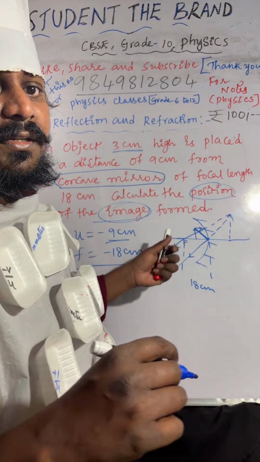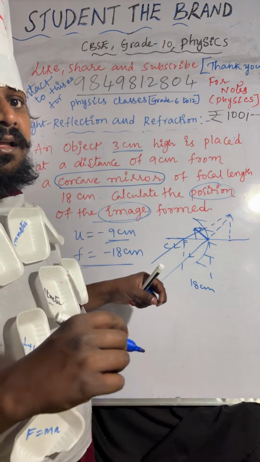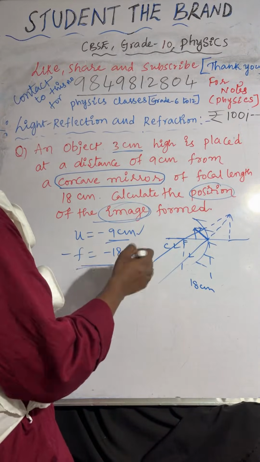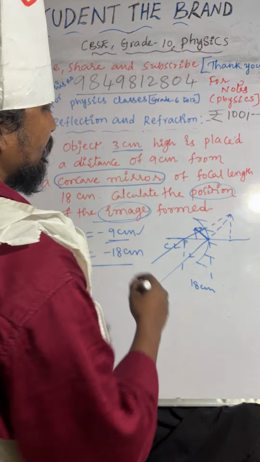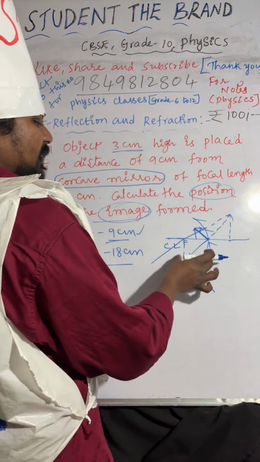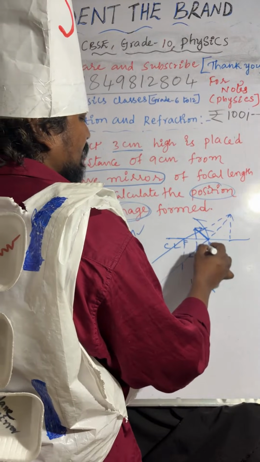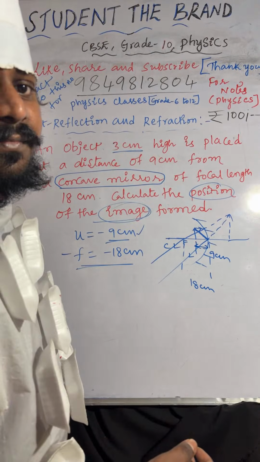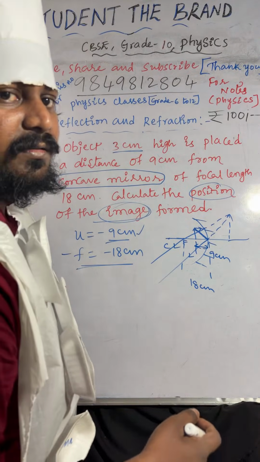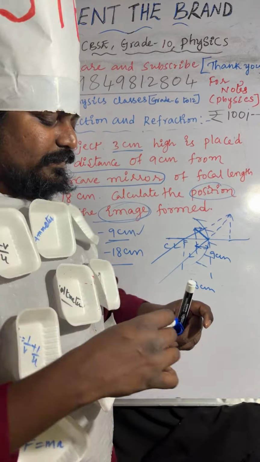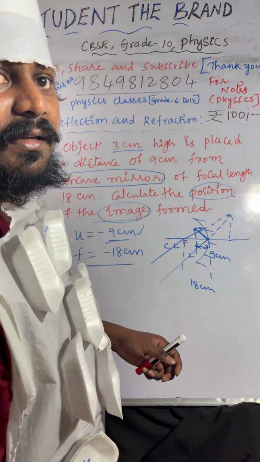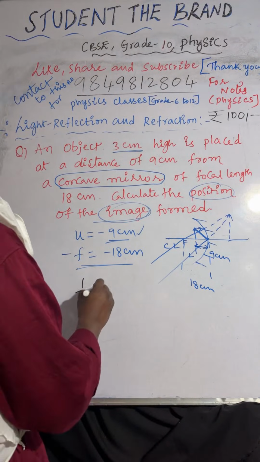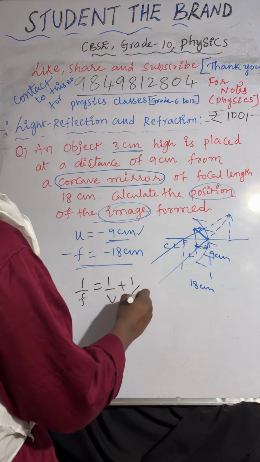Here you can observe one thing. Object distance is 9 centimeter, focal length is 18 centimeter. Then the image must be formed behind the mirror. Now you can see here, the formula is 1 by f equal to 1 by v plus 1 by u.